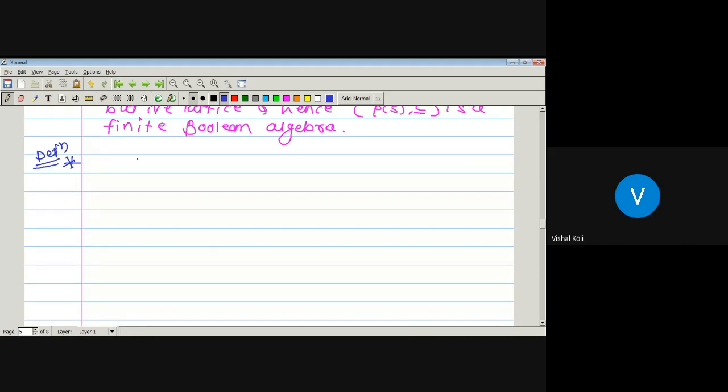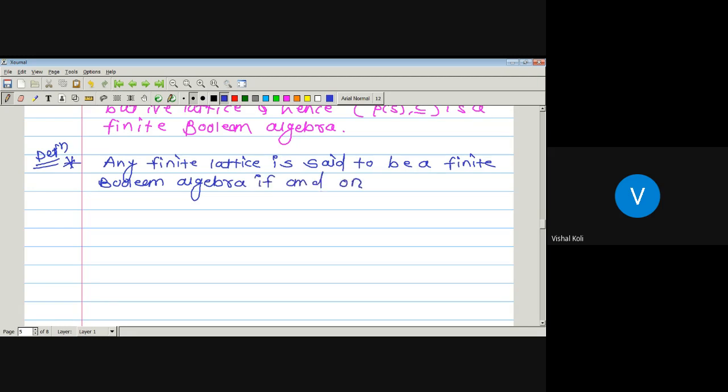Any finite lattice is said to be a finite Boolean algebra if and only if it is isomorphic to Bn for some positive integer n. What is Bn?